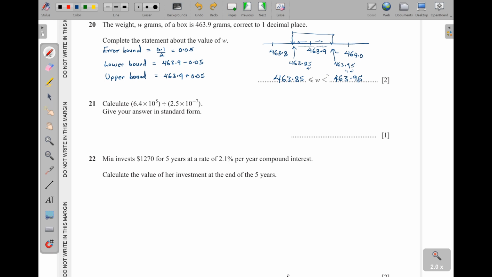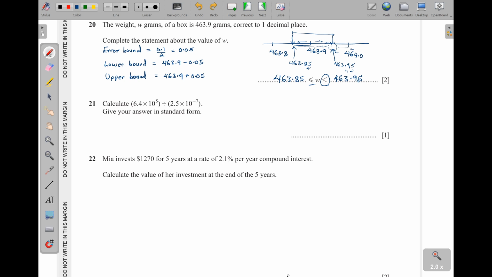That is why here we put less than, because we want the figures that are less than this one, not this figure, since when you round it off, it gives you the next one. That's why you have less than here, and less than or equal to here, because all the values you have here give you 463.9, and they begin from this one here. So that is that.